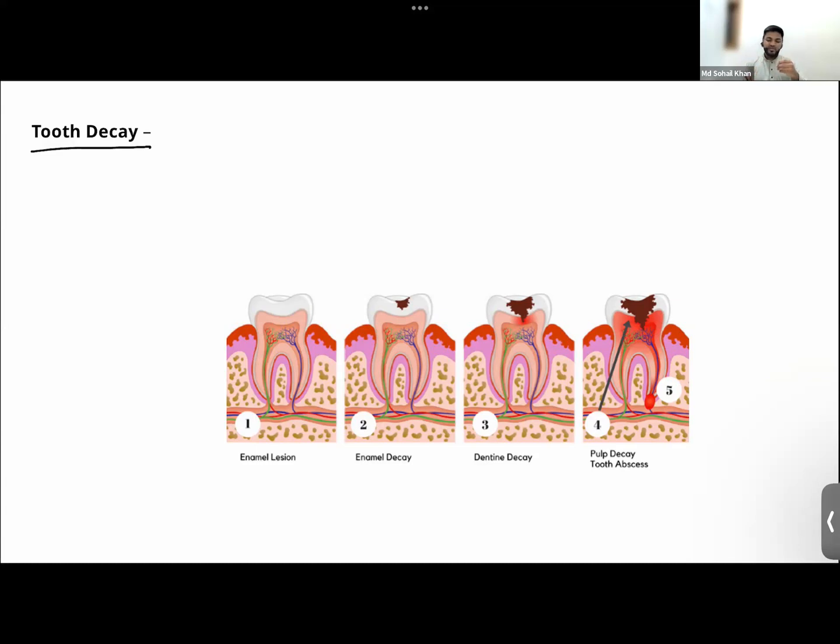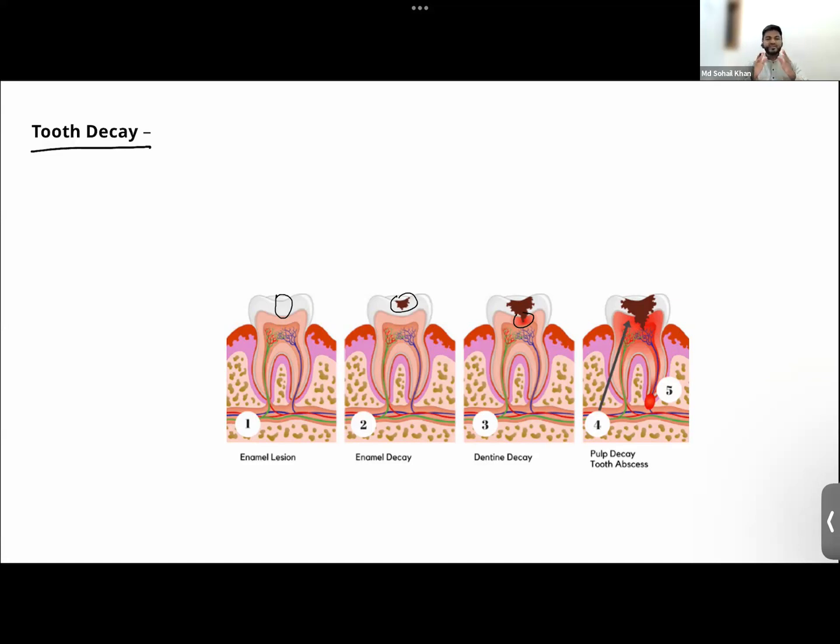Basically what happens, see this top layer of the tooth, it starts to decay, it starts to thin. So see here in the second figure, there's a food particle which got stuck here, and bacteria started to grow on it, right? And later on the bacteria has reached the inner part of the tooth as well. Okay, so how is this bacteria eroding the surface of the tooth?